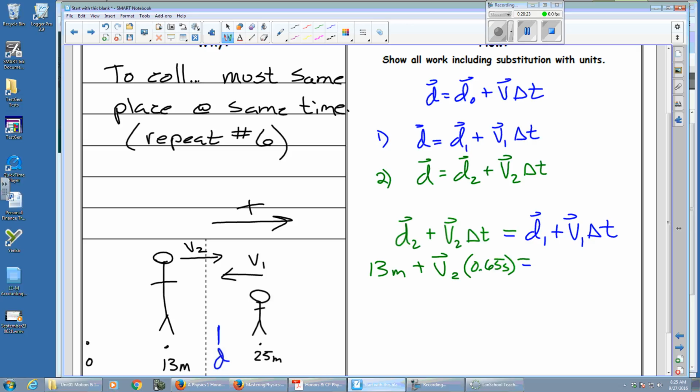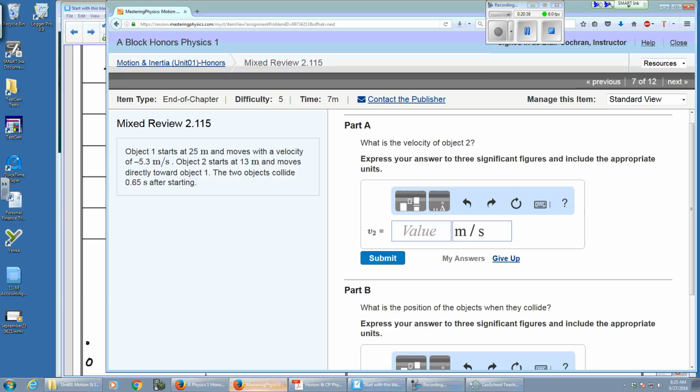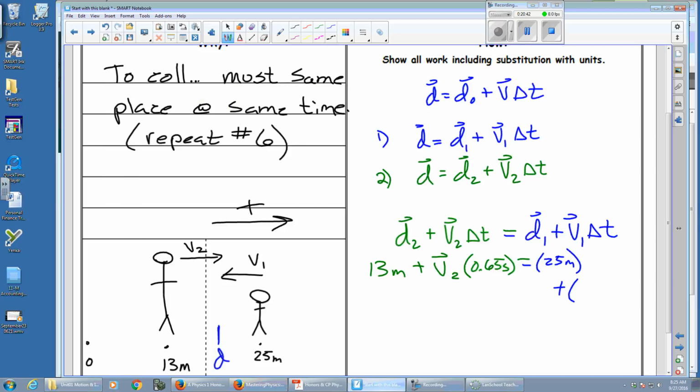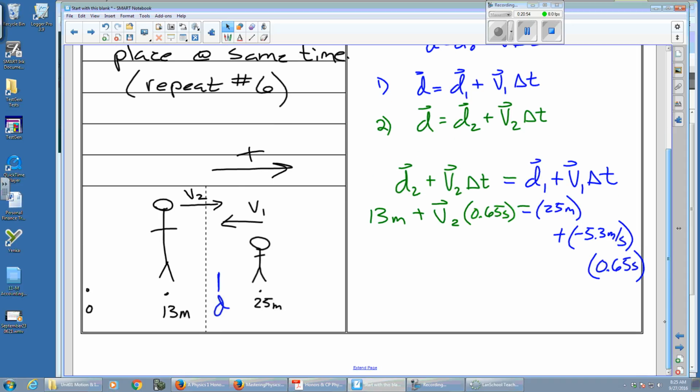That equals D1, 25 meters, plus my V1, which is, for me, negative 5.3 meters per second, times 0.65 seconds. I kind of wrote too big there, ran out of my horizontal space.